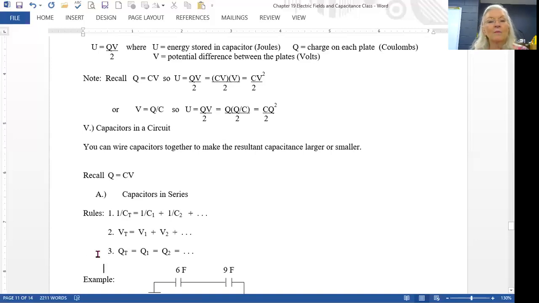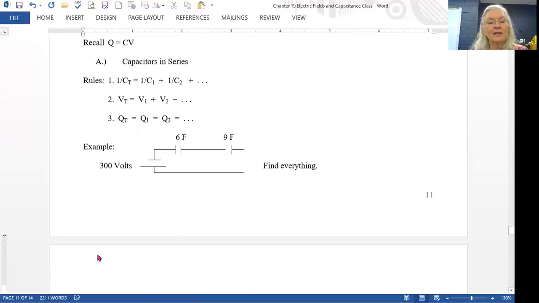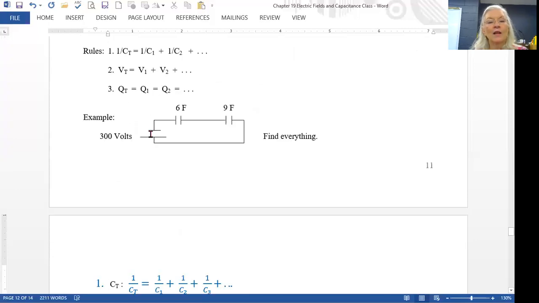So let's look at what we mean by a series circuit. A series circuit is one where, as you go along, there are no forks in the road or no decisions to be made. The electric energy flows in a continuous path. This is the battery, these two parallel lines of different lengths.